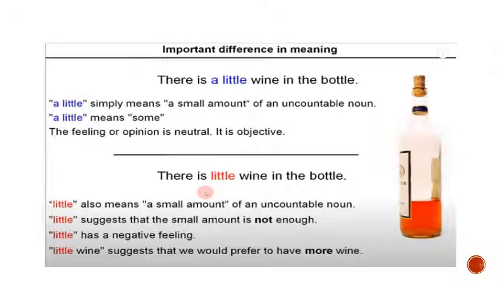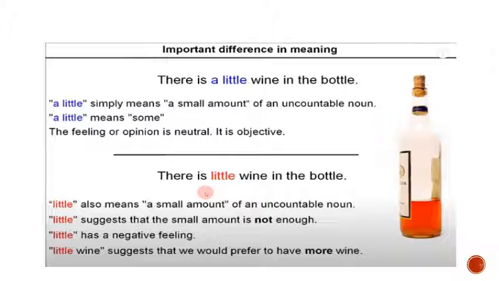There is a little wine in the bottle means some, a small amount. There is little wine in the bottle. In this case, little suggests that the small amount is not enough.